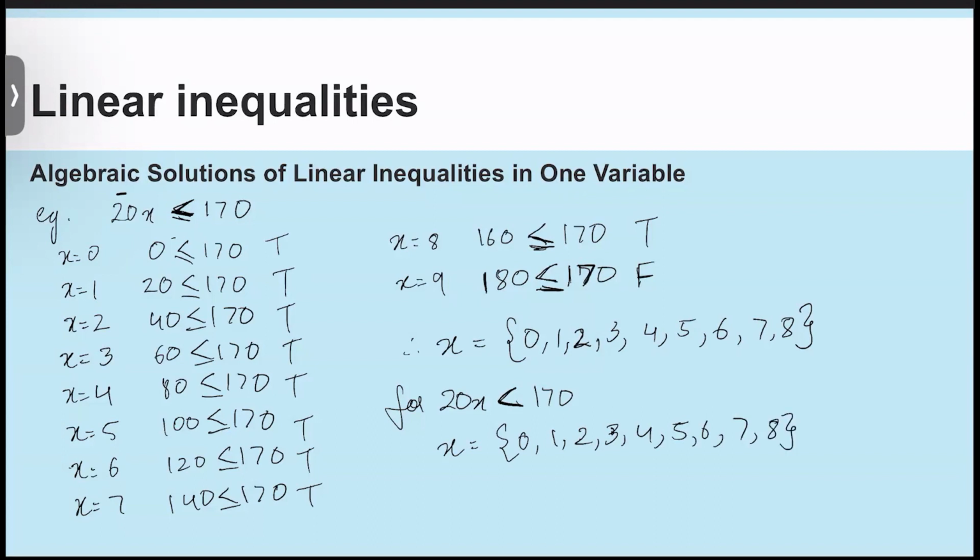There is no change over here. So this is how you can identify all the values of the one variable that is being used. Over here it was easy to understand what values of x will make the statement true. Now we will see how we can solve linear inequalities.